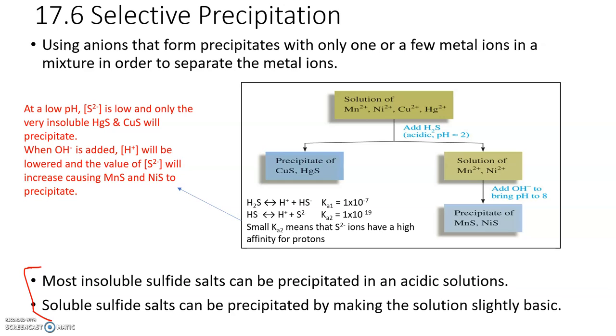So take a solution that has a bunch of ions in it, add an acidic solution, and it will then cause your insoluble sulfides to precipitate out. Whatever's left, you can add a basic solution to it to make it more basic, and that will cause the relatively soluble sulfide salts to then precipitate out, which allows you to separate all of the ions that you have into their precipitates.